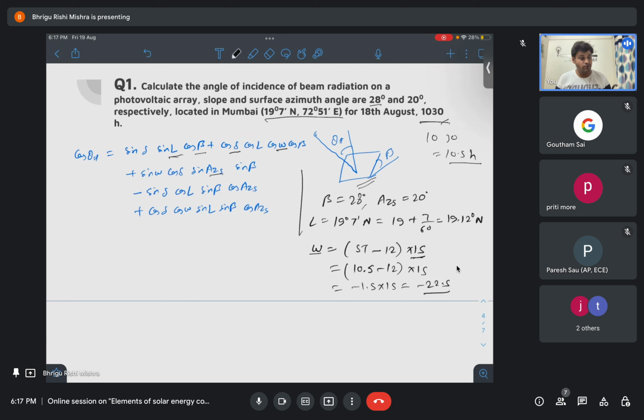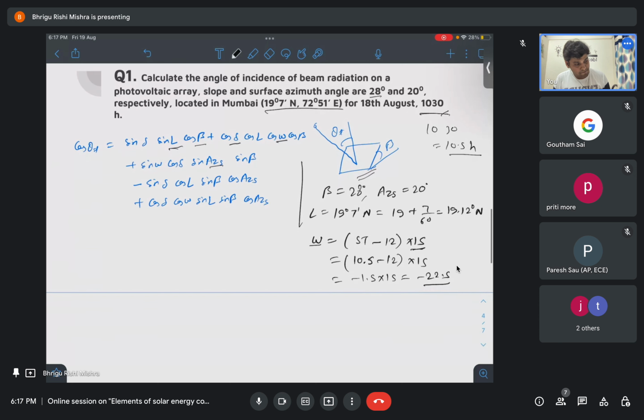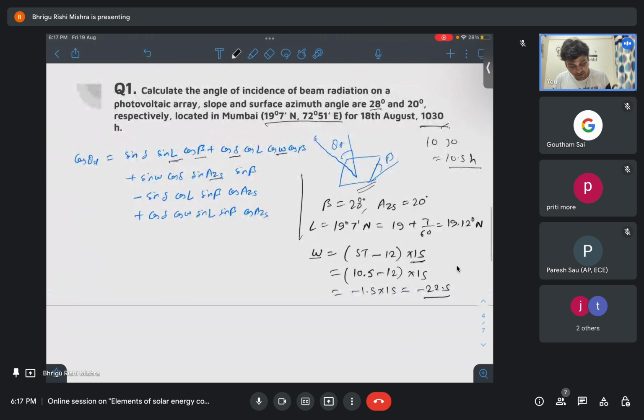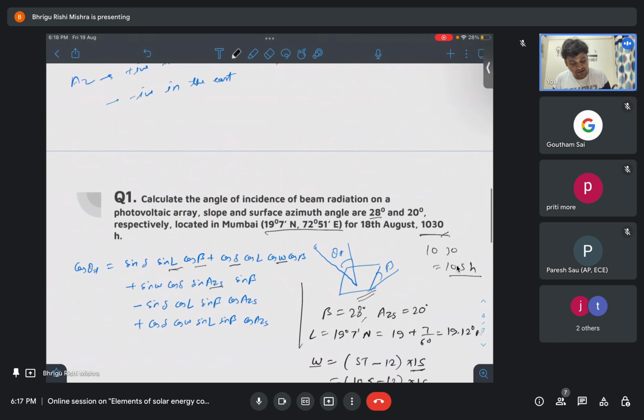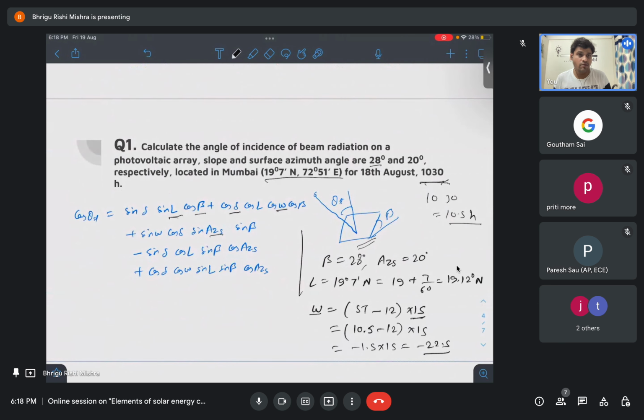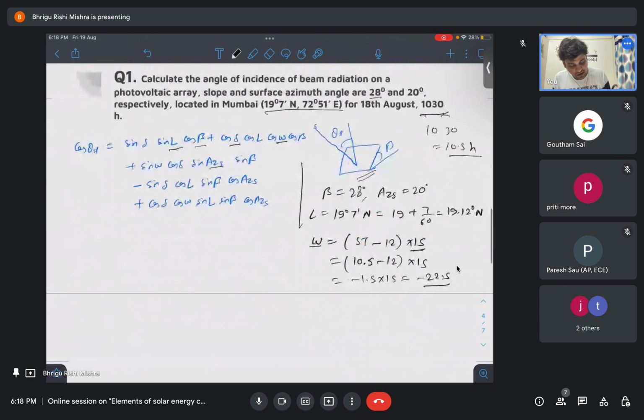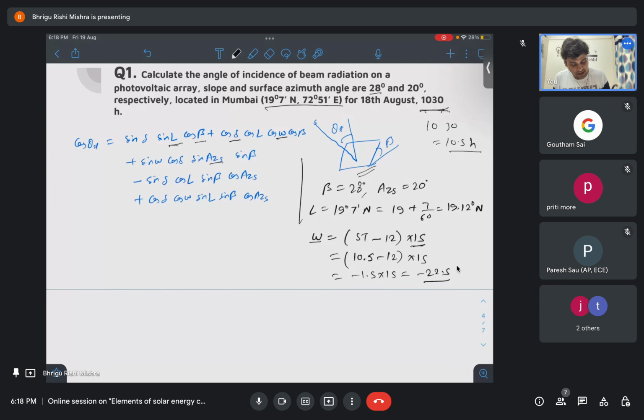So minus 22.5 is your hour angle, and it is minus since it is before the noon. As we have talked about, omega is negative in the morning and positive in the afternoon, and the time given here, 10:30, is in the morning, which means before noon. Okay, so we have beta, L, AZS, omega.